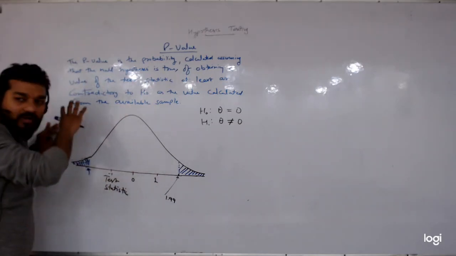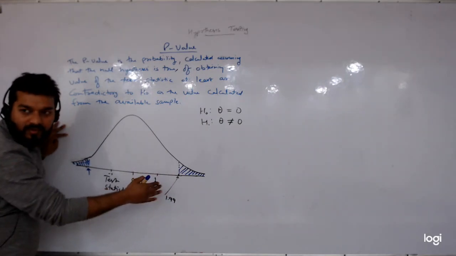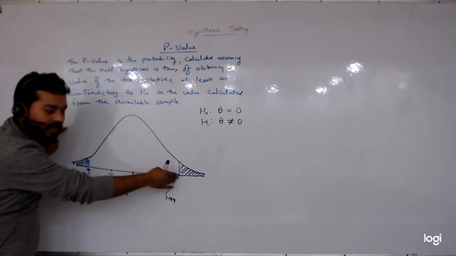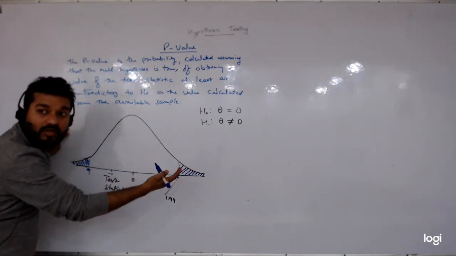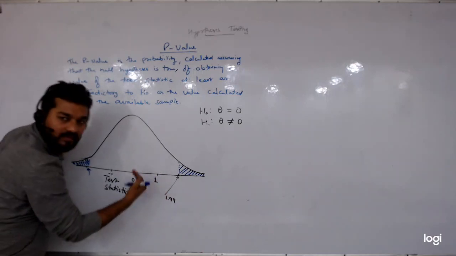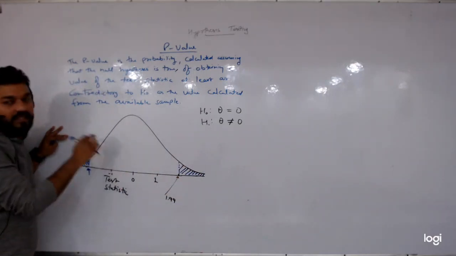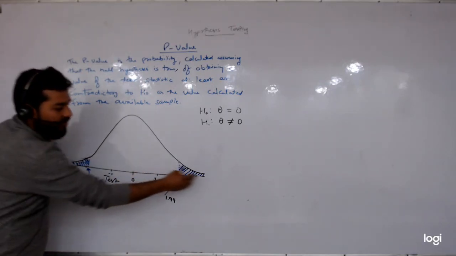This is the value calculated from the available sample. Now we need the probability of more values which are at least as contradictory. That means they are either contradictory to the same level or more contradictory. More contradictory would mean more away from this center. Okay, what is this probability?